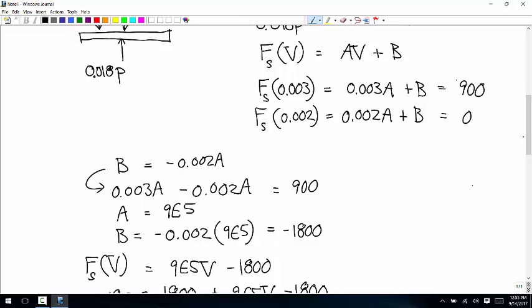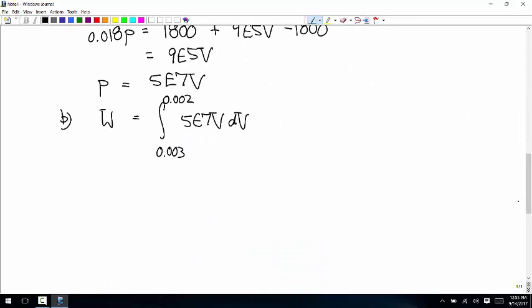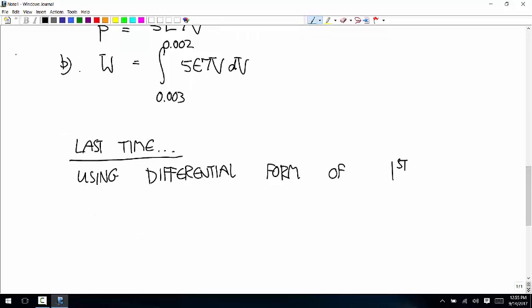Okay, so it's been a while since we talked about new stuff, but the last thing that we were talking about last time was using the differential form of the first law.